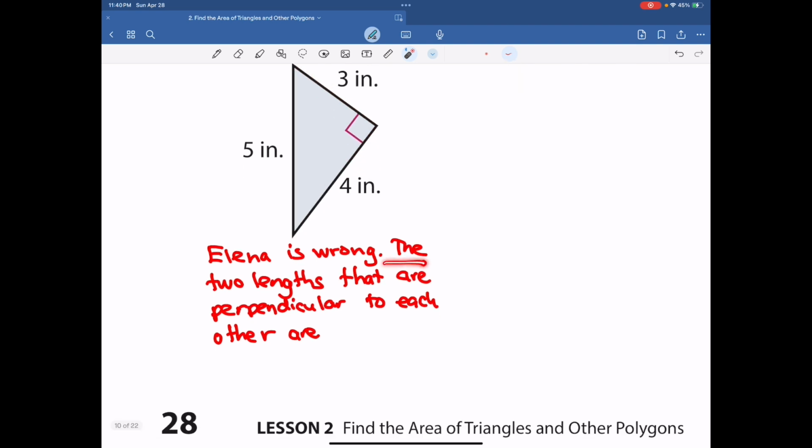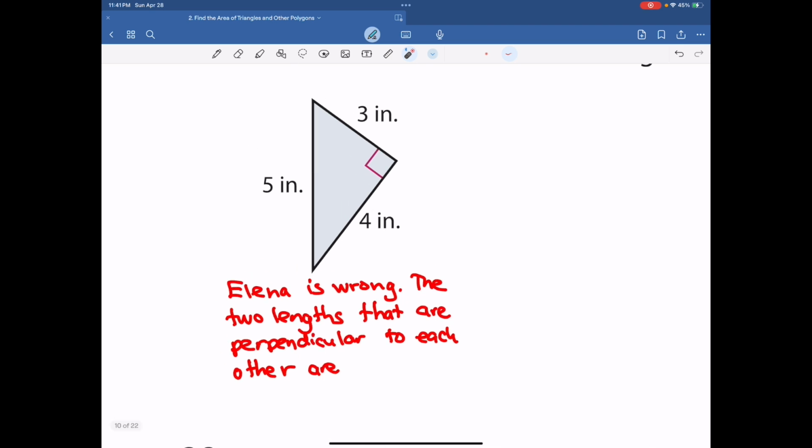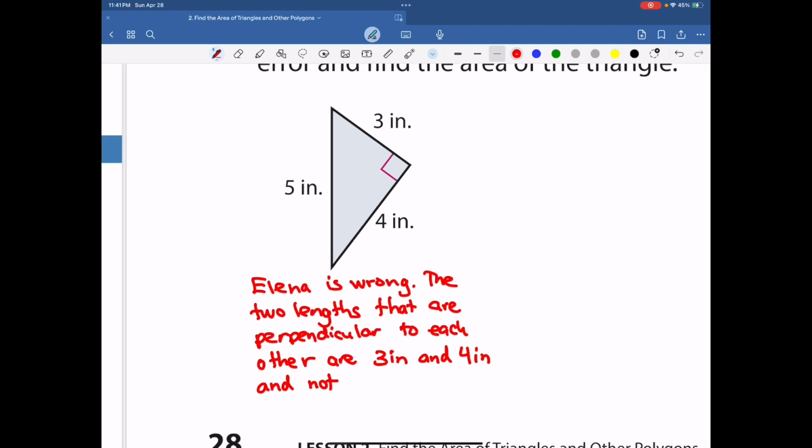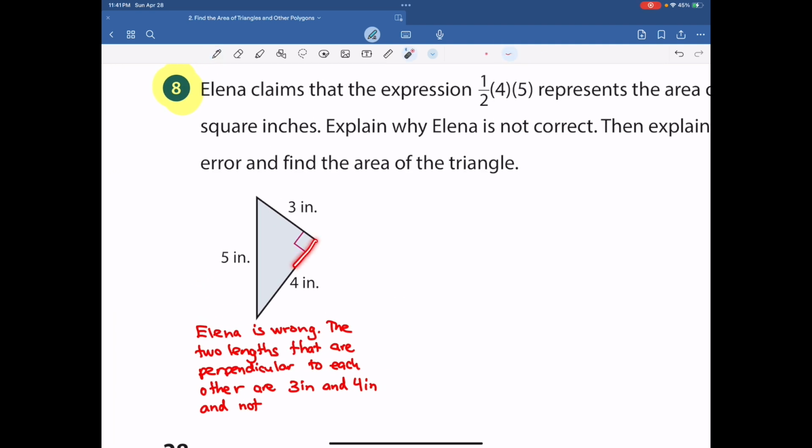So the 2 lengths that are perpendicular to each other are 3 inches and 4 inches. They meet at that perfect square corner. 3 inches and 4 inches, and not 4 inches and 5 inches like she was claiming.